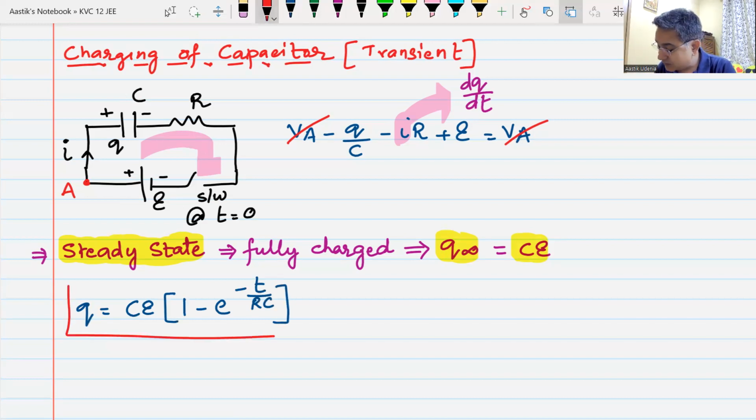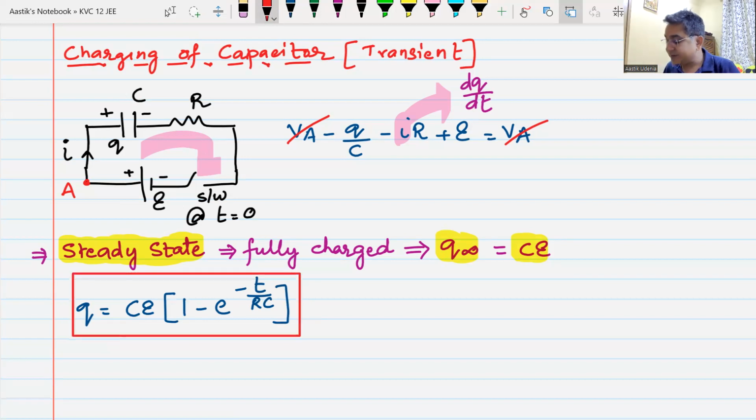Again, I have not solved the equation because that is irrelevant to what we are discussing here. So this will be the charge on the capacitor as a function of time. You can put different values of time and get the value of charge at that stage.